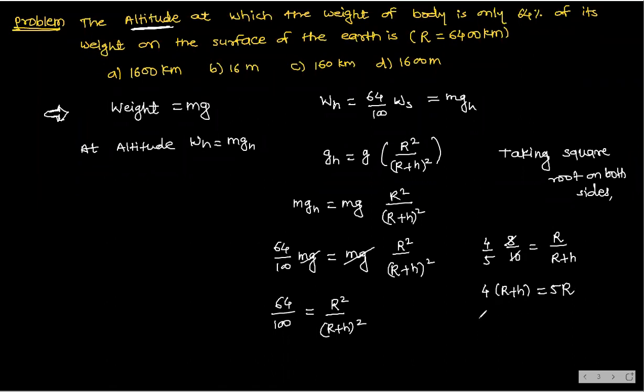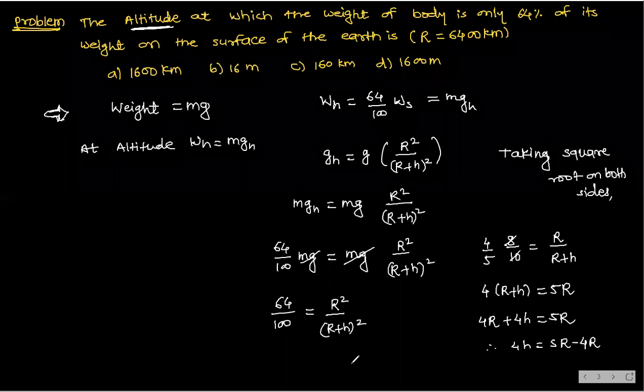So 4R plus 4h is equal to 5R, and therefore 4h is equal to 5R minus 4R. Right?